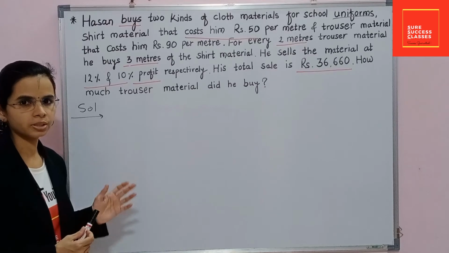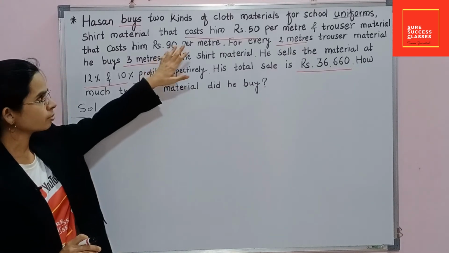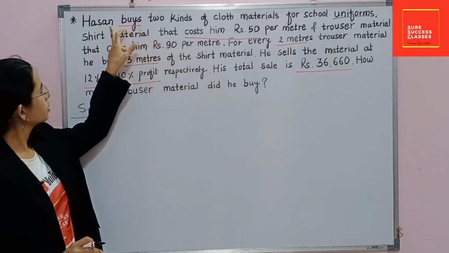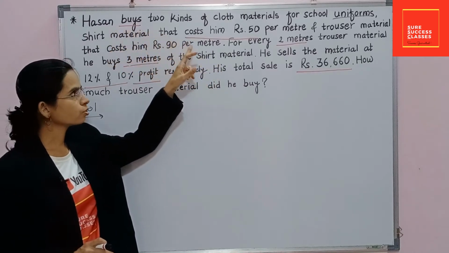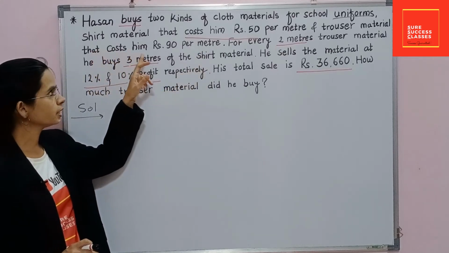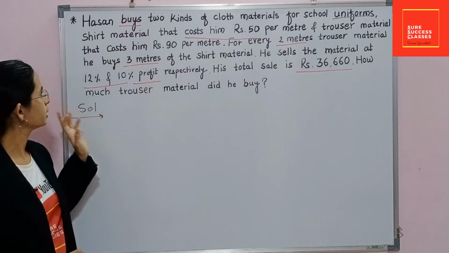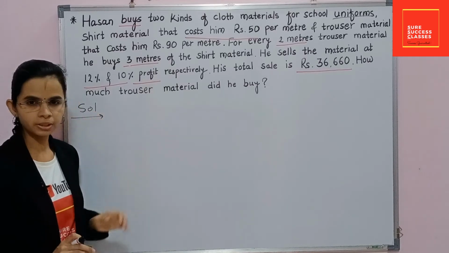Students, let's try to understand this question in this way. Here, the information given is that Hassan buys two kinds of cloth materials for school uniforms. Shirt material that costs him 50 per meter and trouser material that costs him 90 per meter.